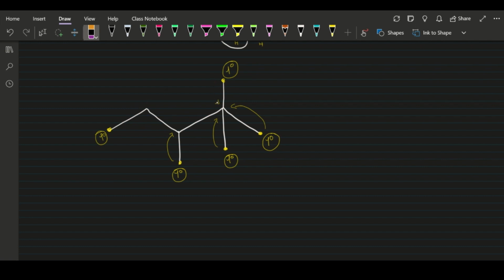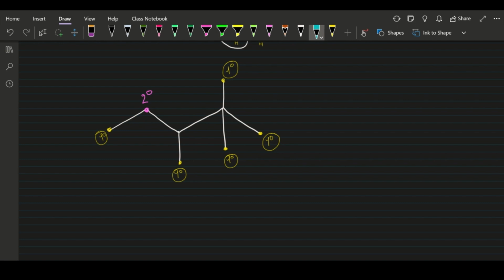Now let's do the other kind of carbon. So we have primary and we have secondary. Let's see this one, for example. It is connected to two carbons, so it is a secondary carbon. Now let's see this one.